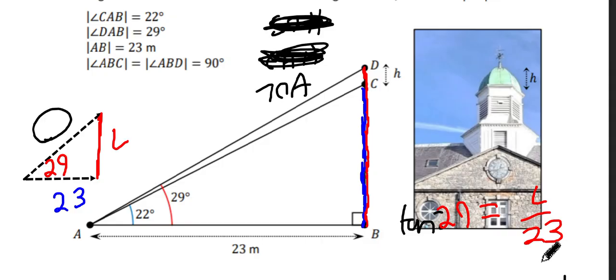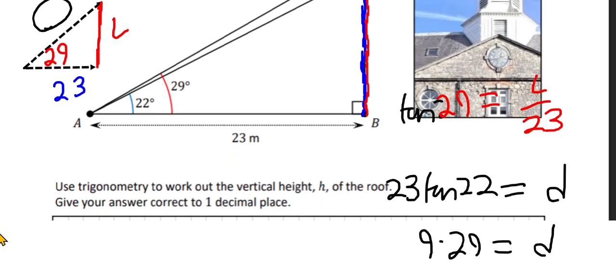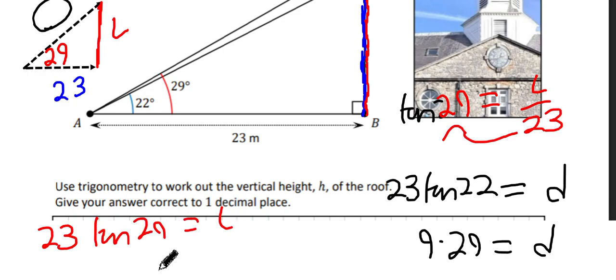Should L be bigger than our previous answer? L should be longer than the D, yeah? So what do we get then? We get 23 tan 29 when we multiply it up. 12.74, is it? We'll get that verified. Anybody else?